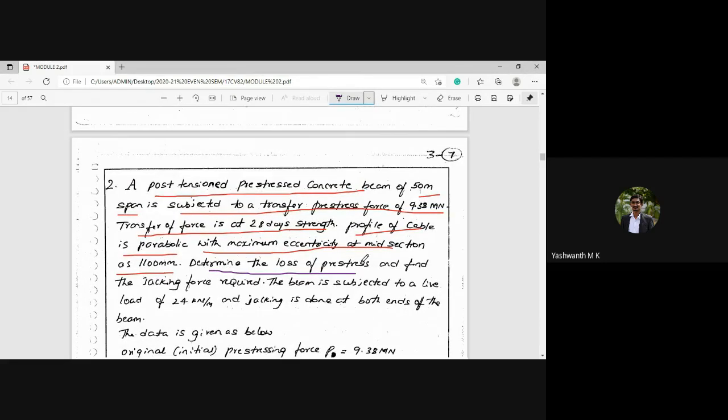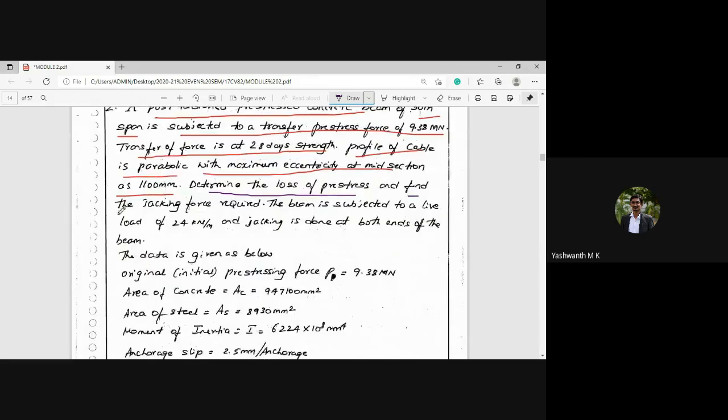That is not the only thing. One more thing is to find the jacking force required. So what is the meaning of jacking force? That is the force so that I can induce the tensioning. So I want that particular force. The beam is subjected to a live load of 24 kilonewton per meter, and jacking is done at both ends of the beam.